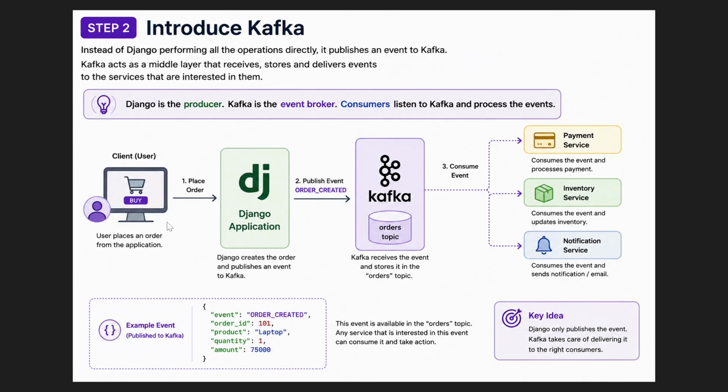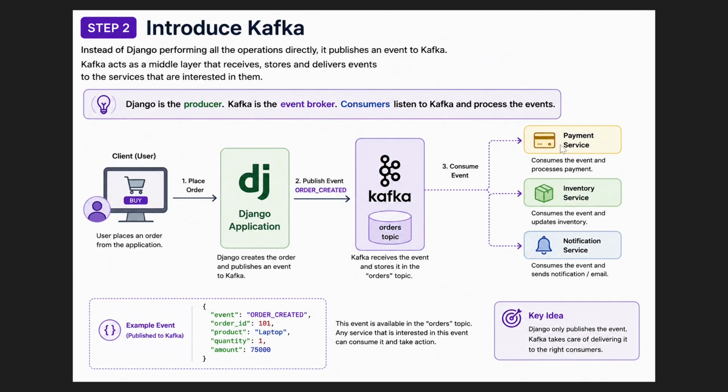In this architecture, first the client sends an order request through a Django API to the Django application. Then Django processes the request and creates the order. After the order is created, Django publishes an order created event to Kafka, and Kafka stores this event in a topic.